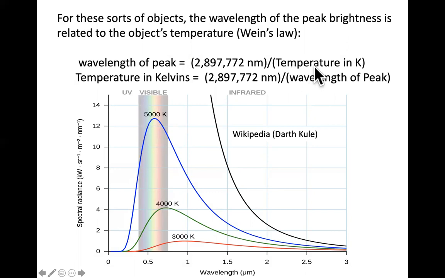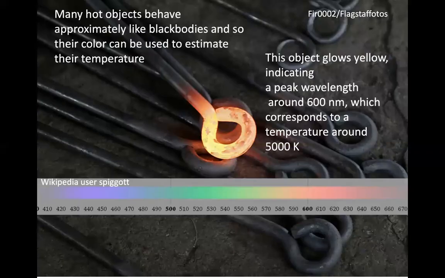What's nice about this is you can rearrange this to say the temperature of the object is a number divided by the wavelength of the peak. So if you can measure the location of this peak, you can figure out the temperature. For example, this thing is glowing primarily in the yellow to orange part of the spectrum, in this region of around 600 nanometers.